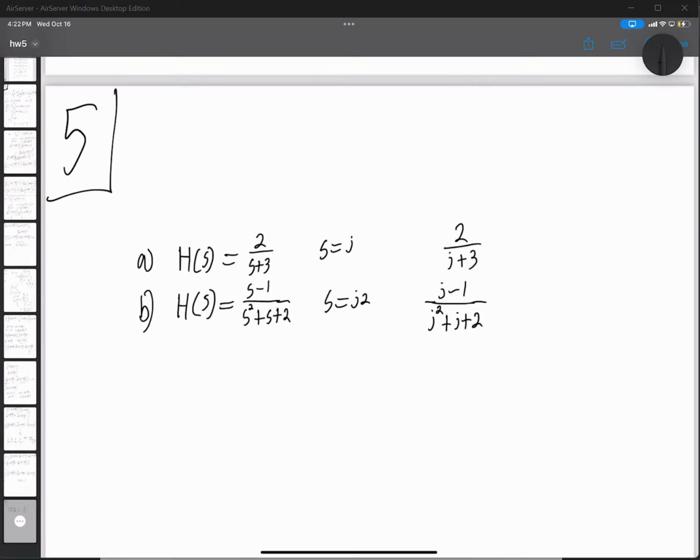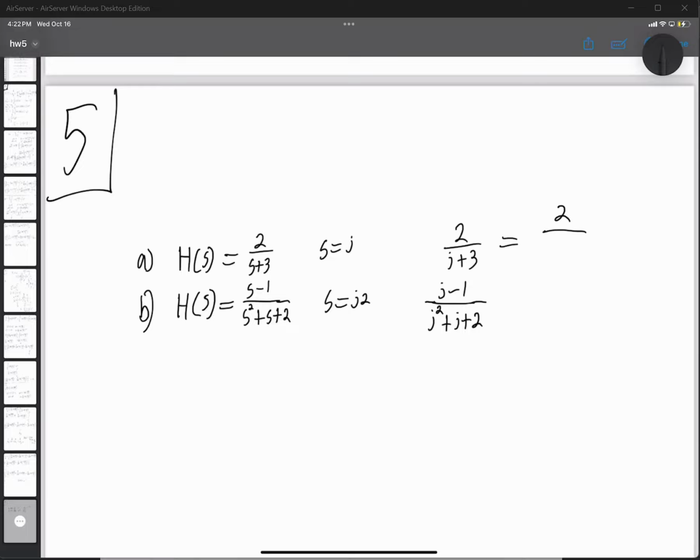Okay, so for this problem, to find the magnitude, we need to grab the magnitude of what's on the denominator. And our main goal is really to get rid of the j's up top as well. And we'll do a few tricks to figure that out. So for this first one, we see that 2 is fine. There's no j's up top. But we got j plus 3.